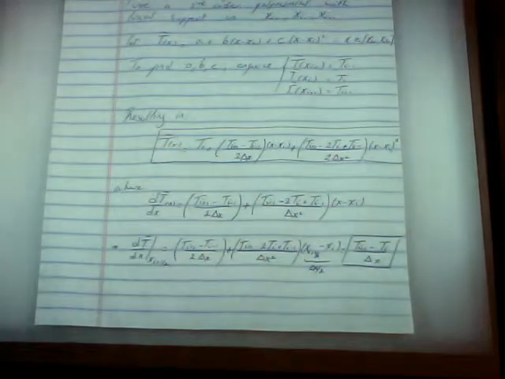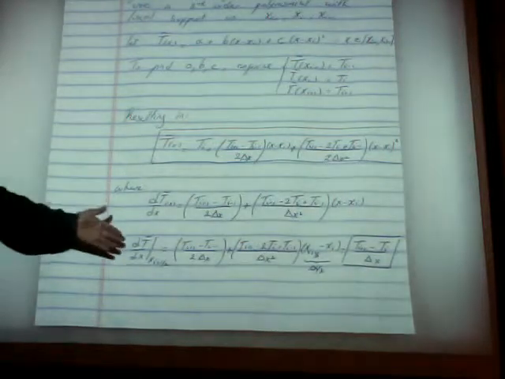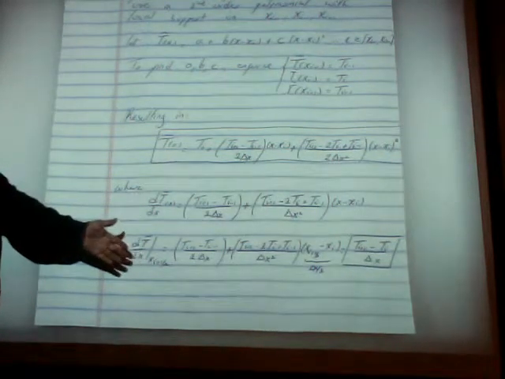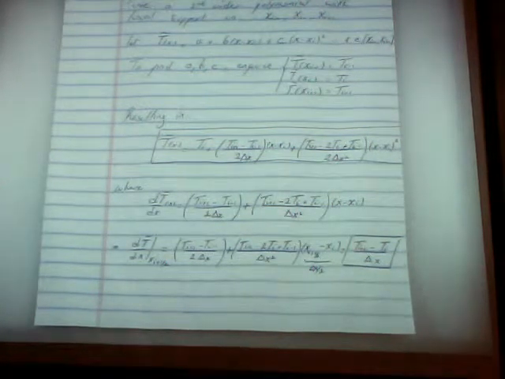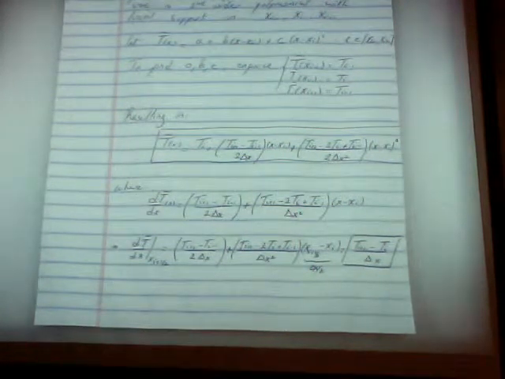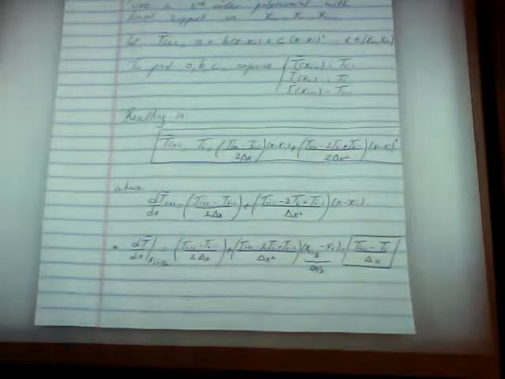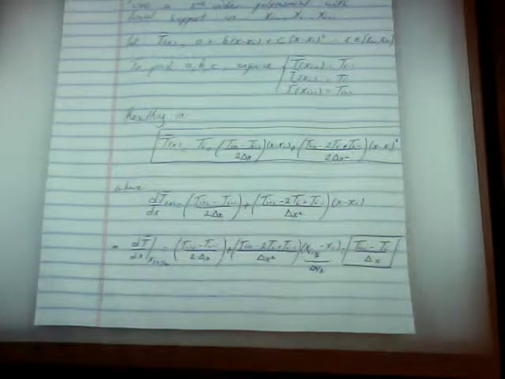So the derivative of the temperature at the right interface is, no surprise, the temperature of the right node minus the temperature of the center node divided by the distance in between. It's a first order approximation of the derivative. It's just like a finite differencing approximation.